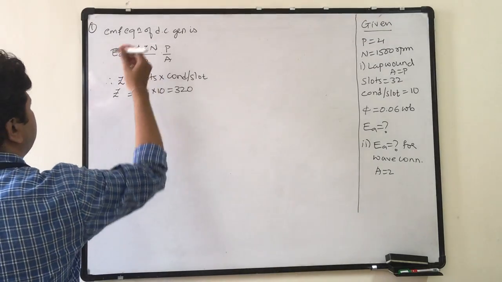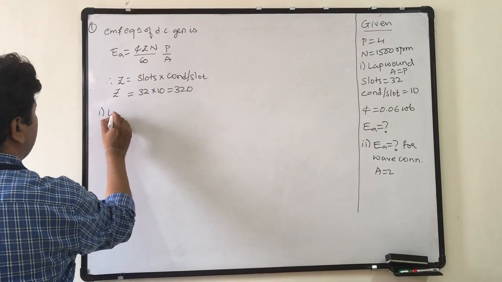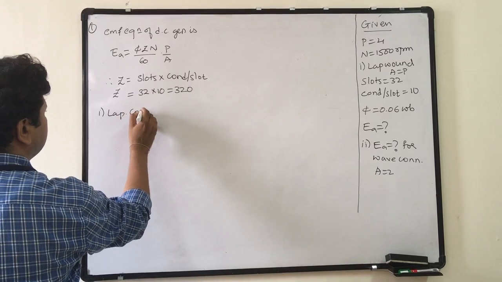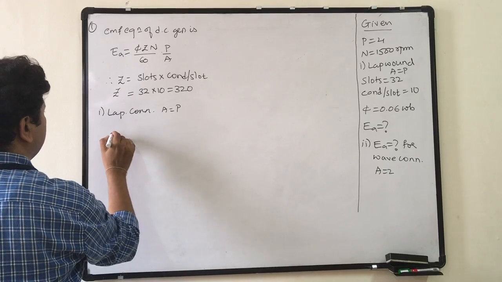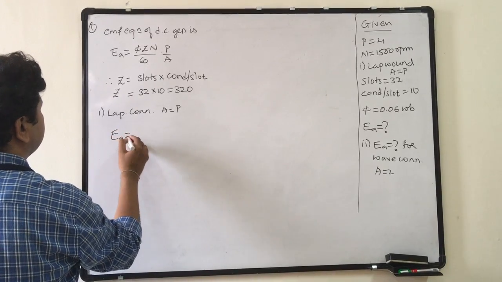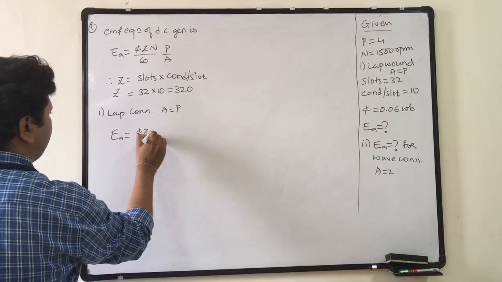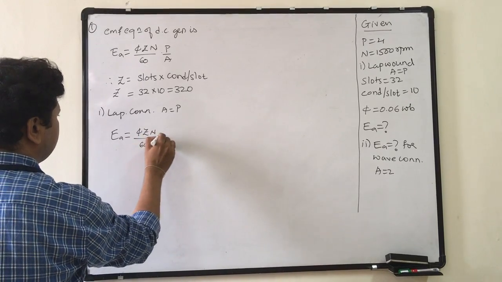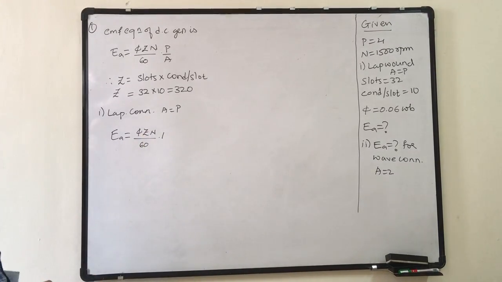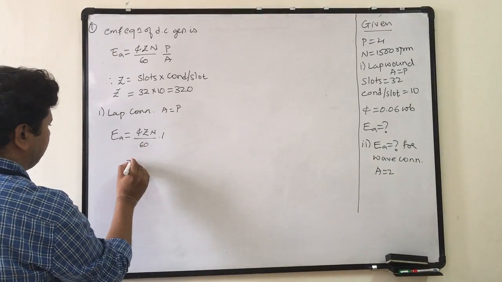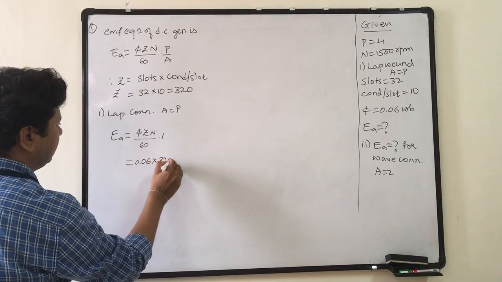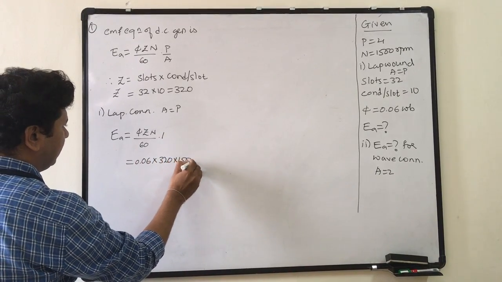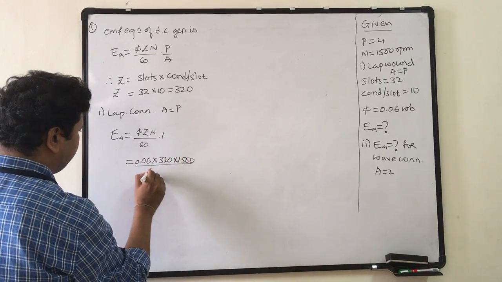Substitute all the values. First case, lap connection. Here A is equal to P. Therefore EA is equal to phi Zn by 60 into 1, because with A equal to P the ratio P by A becomes 1. That equals 0.06 into 320 into 1500 RPM divided by 60.